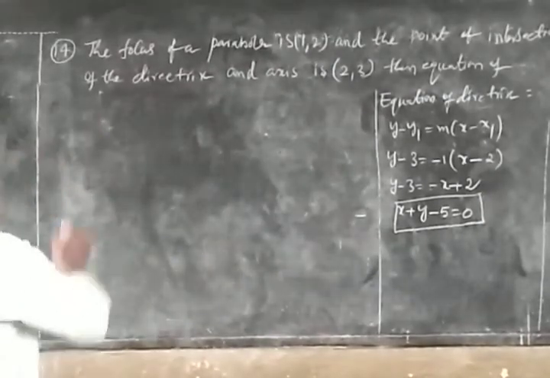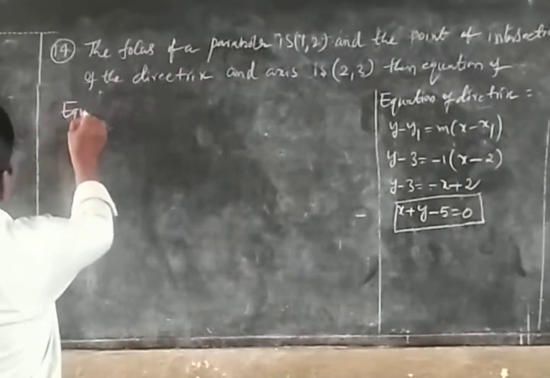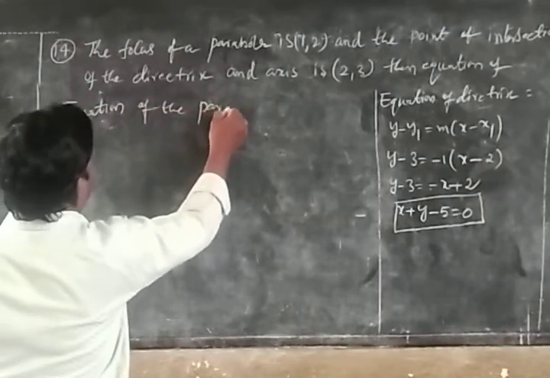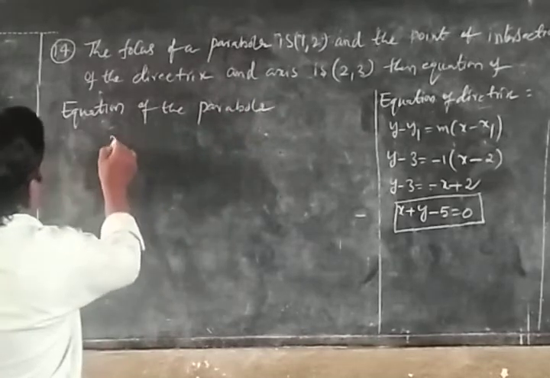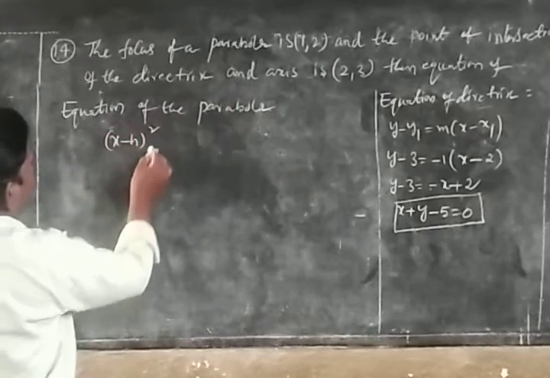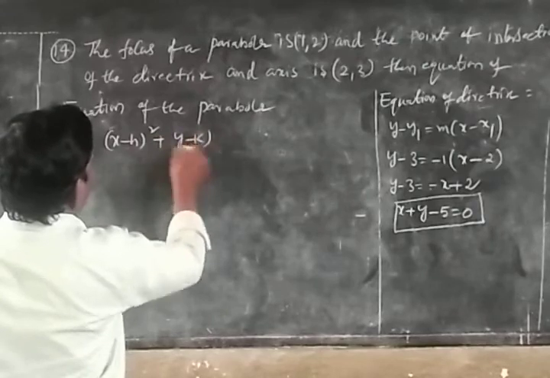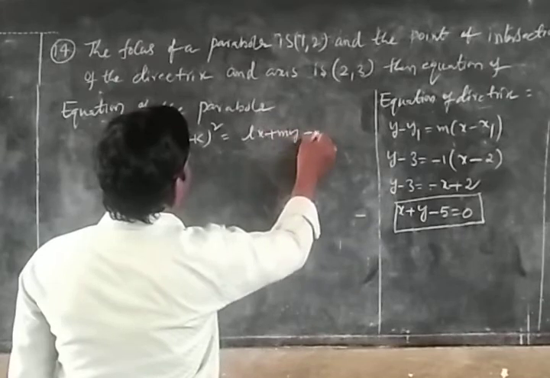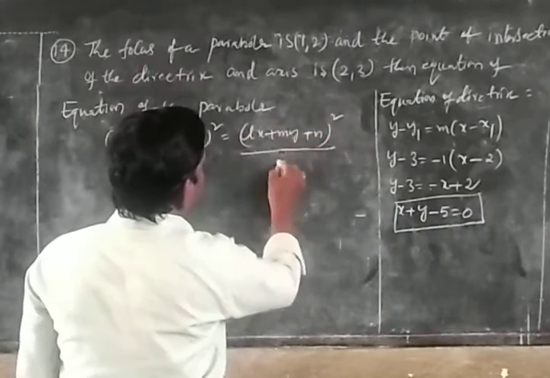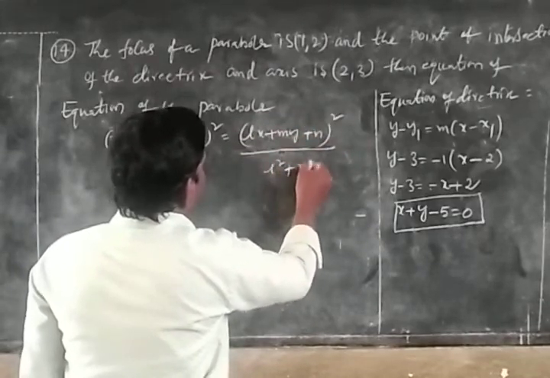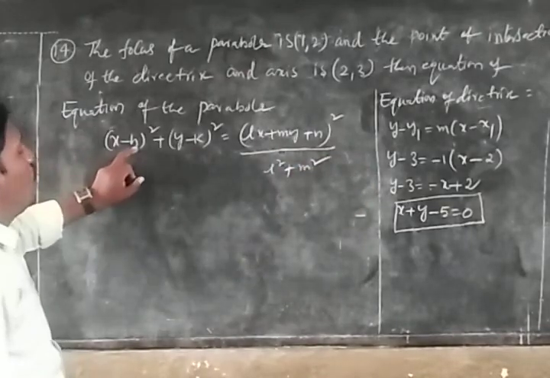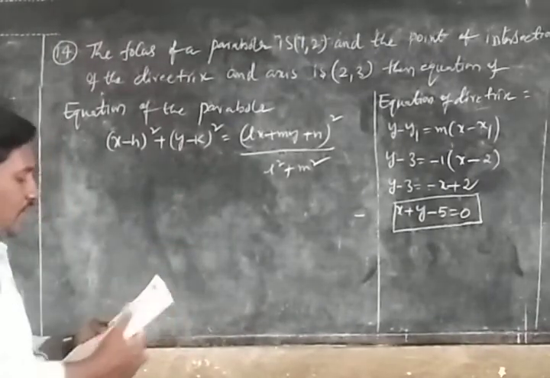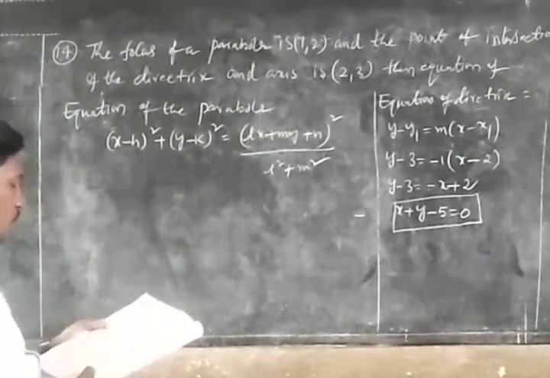Now the equation of the parabola: (x minus h) whole square plus (y minus k) whole square equals (lx plus my plus n) whole square by (l square plus m square). The focus (h, k) is given as (1, 2).